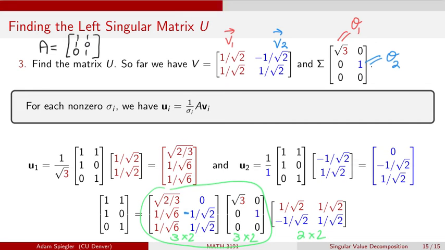That's because this matrix U has to be a 3 by 3 matrix, and we've only got 2 columns, U1 and U2. So we need to find a third column for this matrix U. We are just about done, but not quite, so this would not be the correct answer. We still have a U3, a third column of this matrix U, that we need to identify.